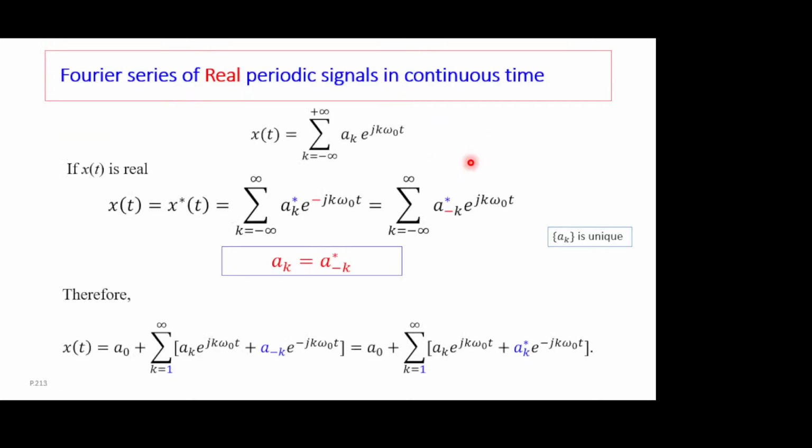Another way to see this is to move the star around, so you have a minus k equal to a_k star. That's quite a nice form, and a lot of times you will use this. It also means a_k star equals a sub minus k.